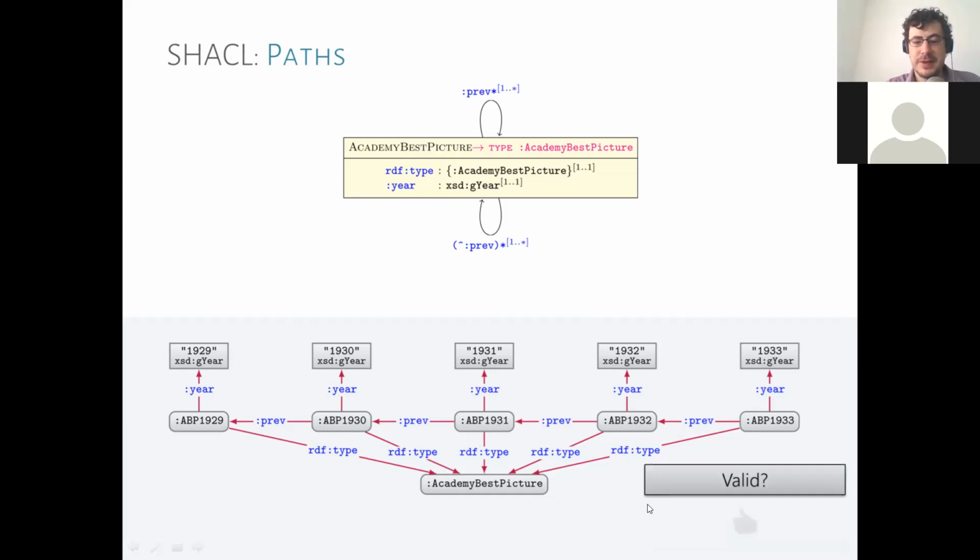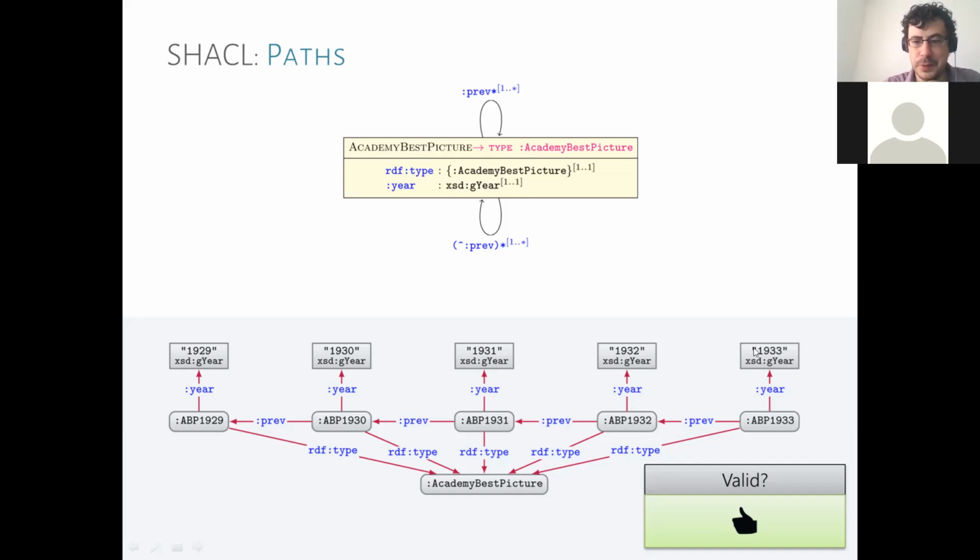So essentially what it says is that all of the nodes captured here in this path of previous in this direction or in this direction satisfy the Academy Best Picture shape. So the graph is valid. Anything that's previous or inverse previous to an Academy Best Picture satisfies the Academy Best Picture shape, and we see that that's the case. So we're good.